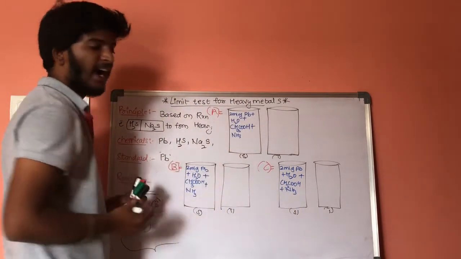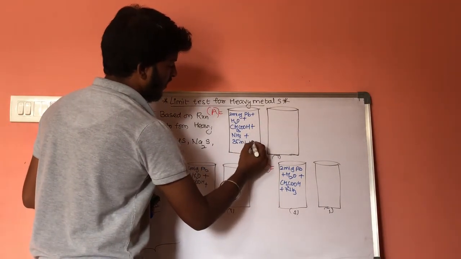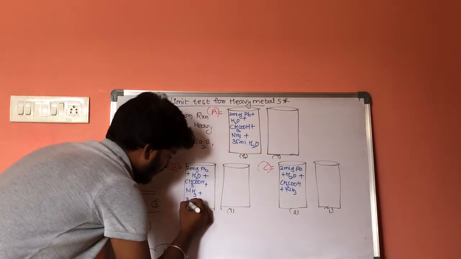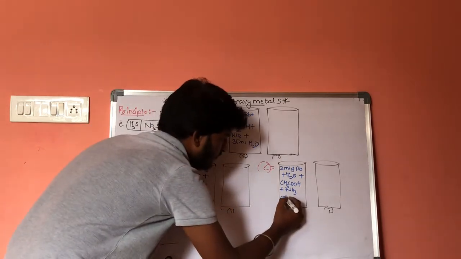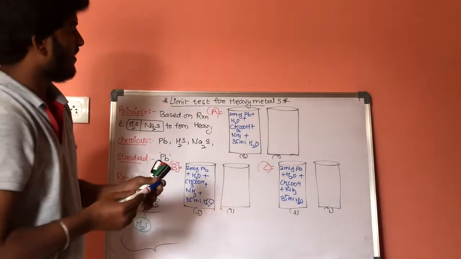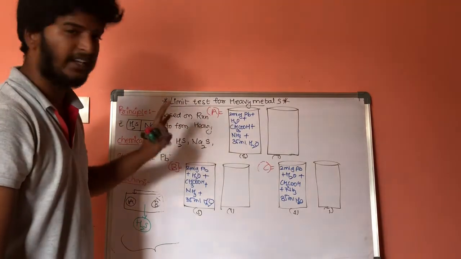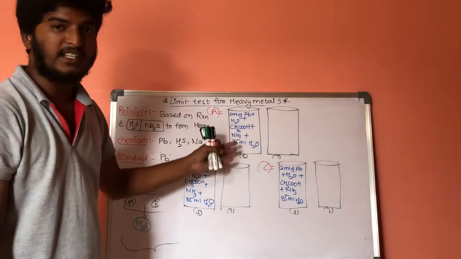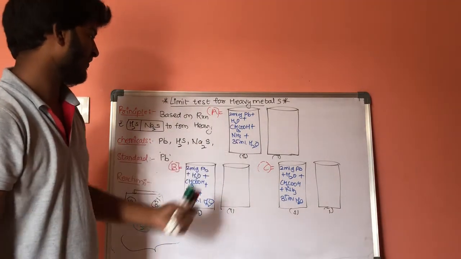And after adding the ammonia, 35 ml of water will be added, and here also 35 ml of water will be added. In this way the standard solution will be prepared: first 2 ml of lead standard solution will be taken, and water will be added, and acetic acid will be added, and ammonia will be added, and water will be added.